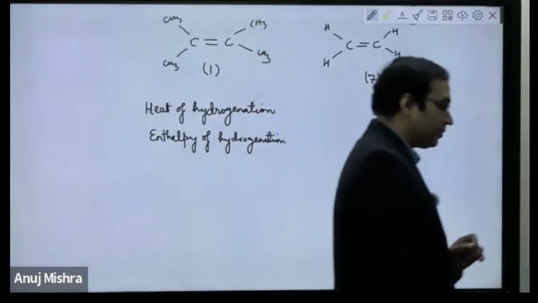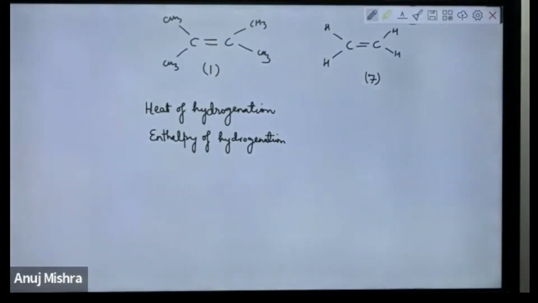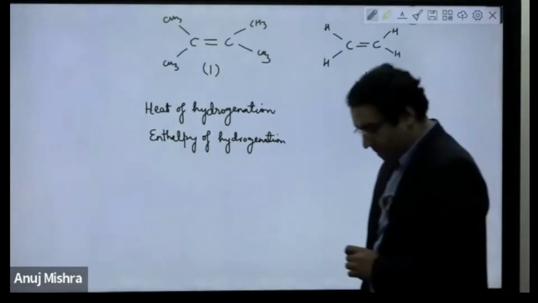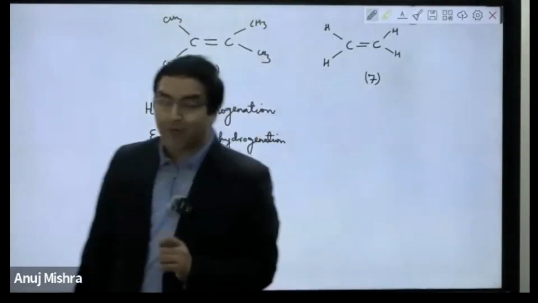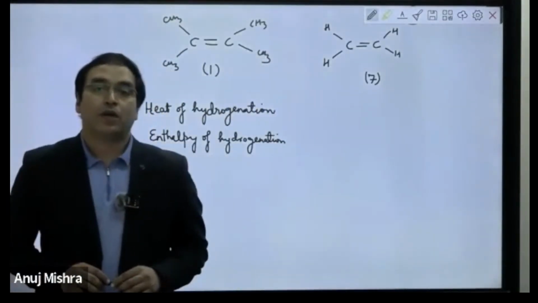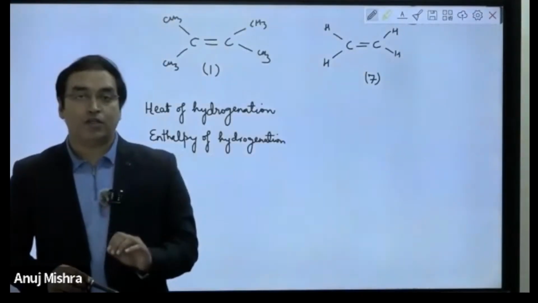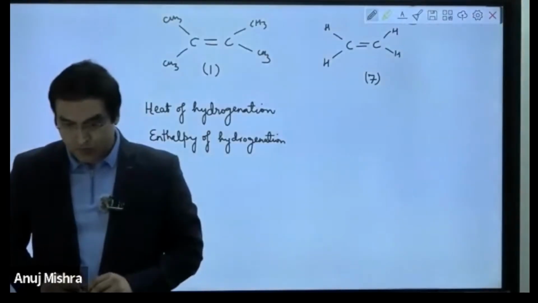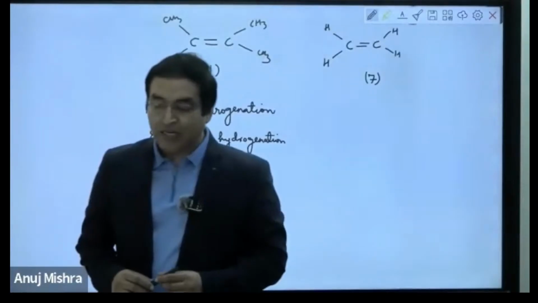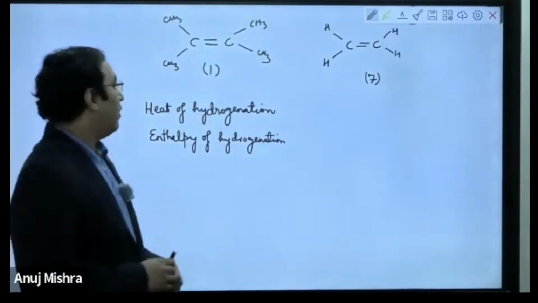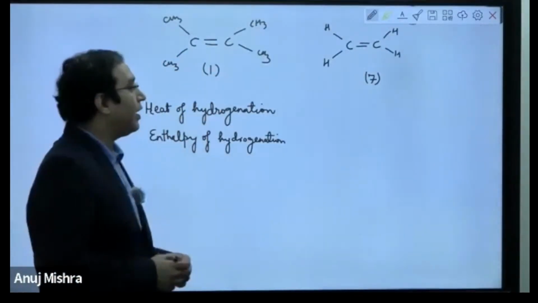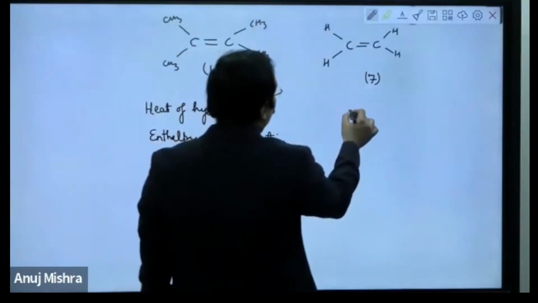Write down one line for it: adding 1 mole of hydrogen to an unsaturated gaseous molecule. The amount of heat released is called enthalpy of, or we can say heat of hydrogenation, right? The amount of heat released is called enthalpy of hydrogenation.